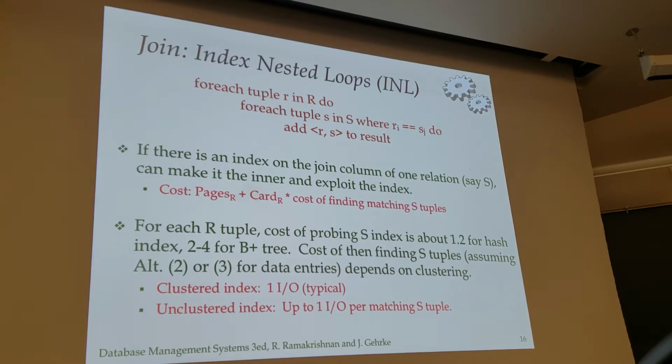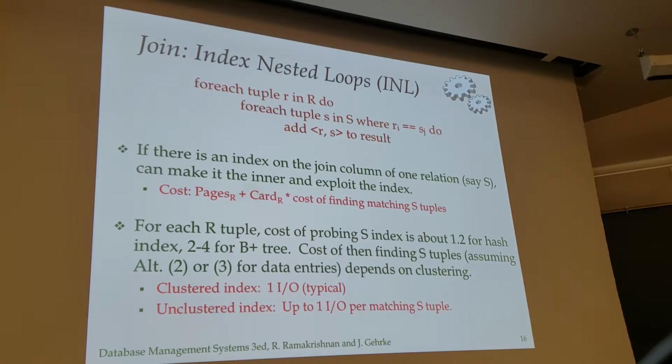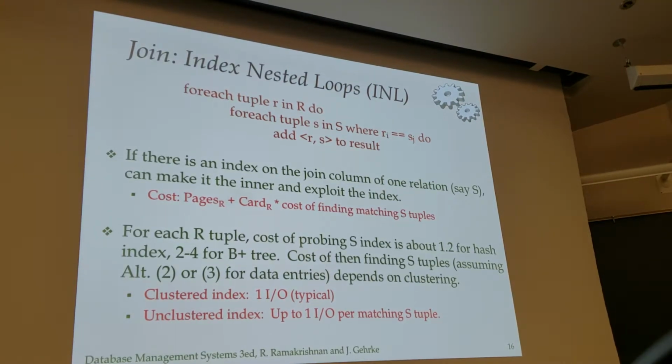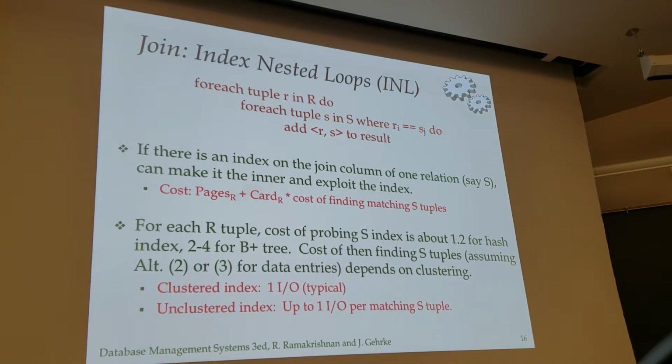Okay, so basically now we're going to get to an index nested loop join, which is going to be better still. And here there is an assumption that we have a join predicate and there's an index that corresponds to one of the columns, not necessarily both.